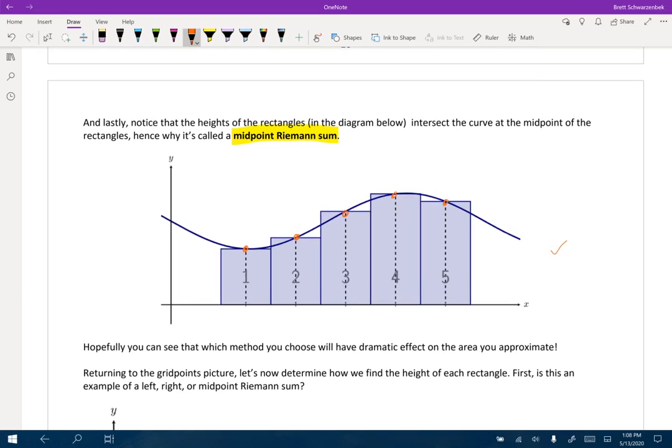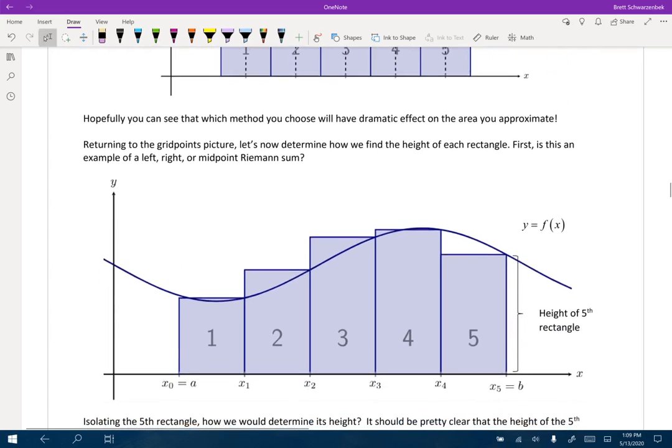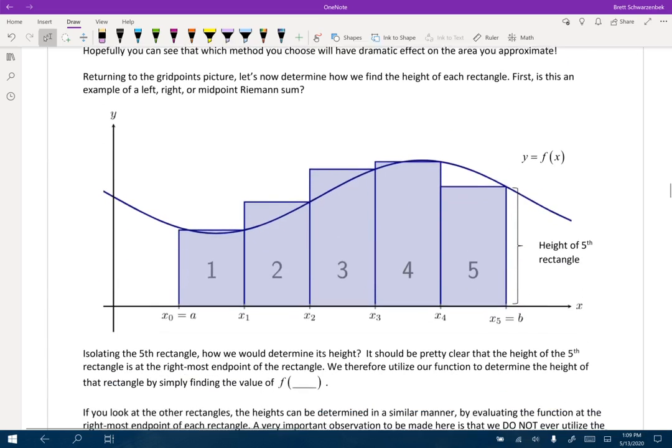Look at this: you have a little bit missing here, a little missing here, but then a little bit extra here, extra here, extra here, extra here. So maybe this particular one might be just about right in terms of the area we're establishing. So it's important in the beginning that you know the difference between the Riemann sums.